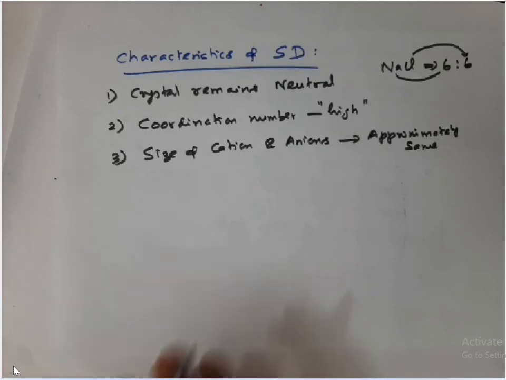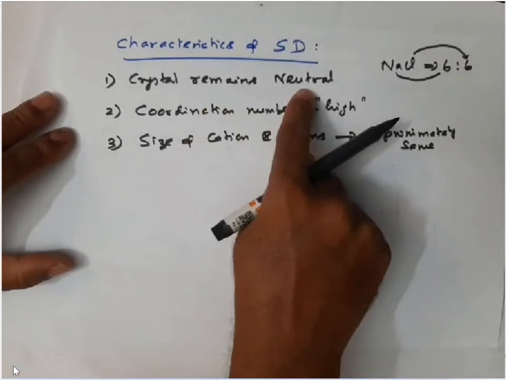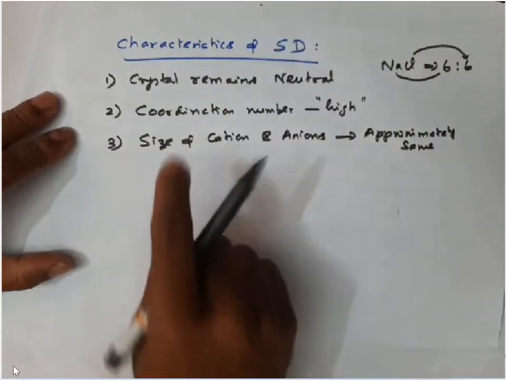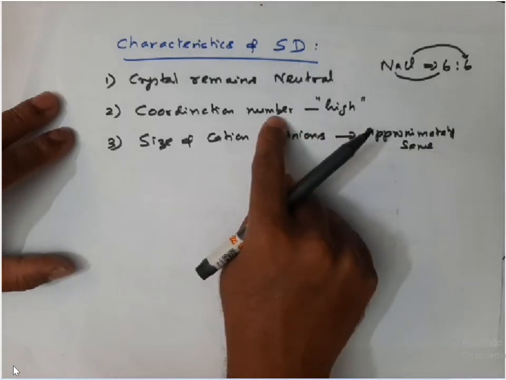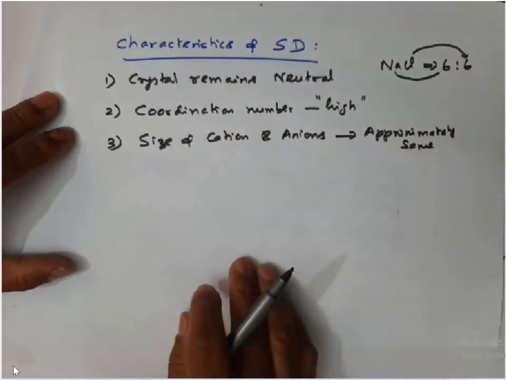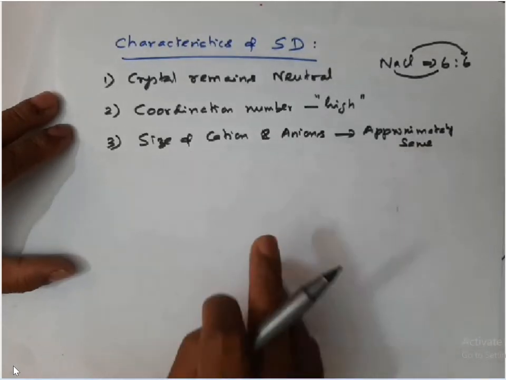Or roughly the same, we can say. So the crystal remains neutral even after the defect. Coordination number should be high. Then only the crystals will show this stoichiometric defect. Size of cation and anion should be same or approximately same.